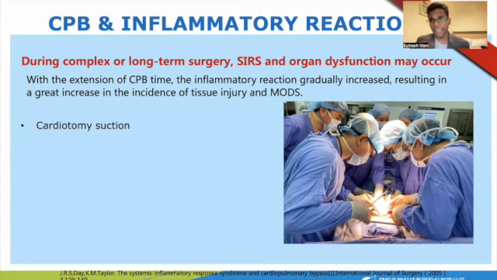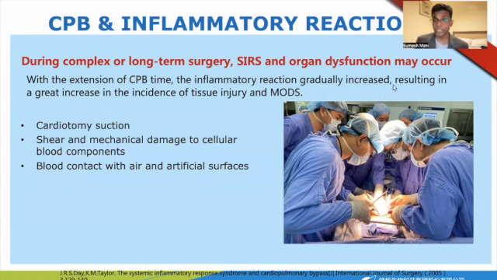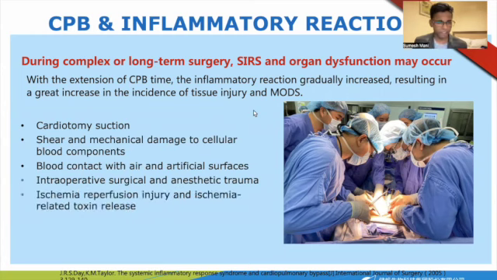So because of that mechanical bioincompatibility, the body's immune system will get triggered. So also the shear forces we use, mechanical damage of blood components. Again, its contact with the air and artificial surfaces suffers a lot when this heart lung machine is performing a lot of work. And anesthetic trauma, same like what we saw there, injuries and blood transfusion, other factors.